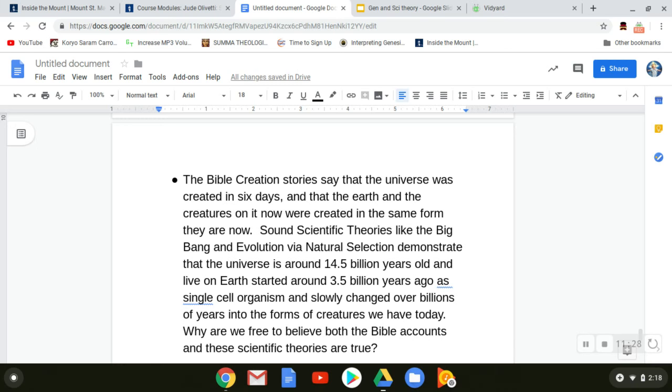But if you understand how to read Scripture, if you understand what the authors of Genesis intended with their texts, intended by sharing those revelatory stories, I think that you should be able to understand and explain why we as Catholics and other non-literalist Christians believe in both the creation stories in the Bible. We believe that they're true. And we are also free to believe that these well-founded scientific theories like the Big Bang and evolution are also true.